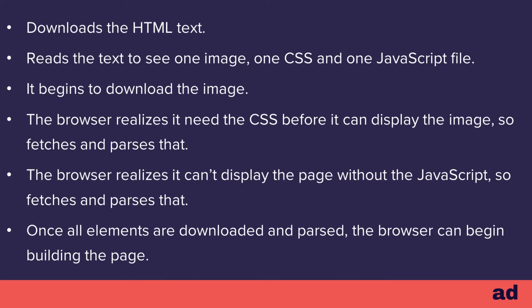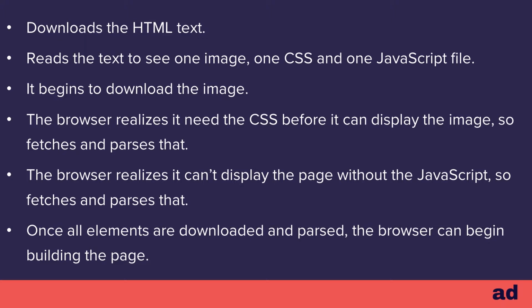To put this into perspective, let's imagine you have an unbelievably simple page. In the HTML, there is one CSS file, one JavaScript file, and one image. Let's look at the critical rendering path a browser has to take in this example. It starts by downloading the HTML text, reading it, and seeing that there is one image, one CSS file, and one JavaScript file. So it begins to download the image. Then the browser realizes it cannot display the web page without first getting the CSS and JavaScript.